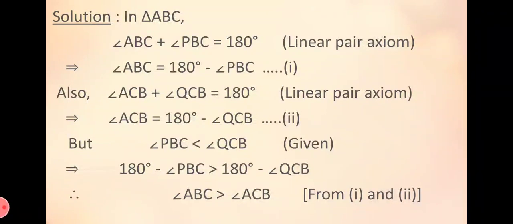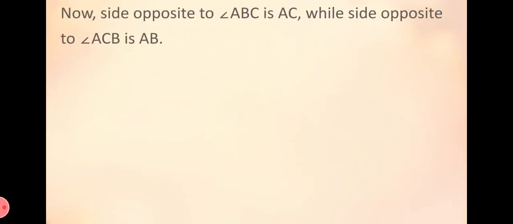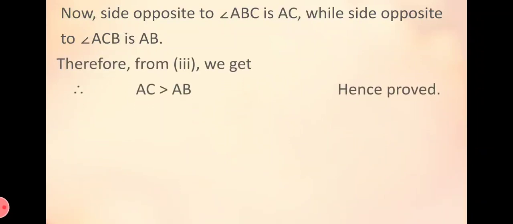Now, the side opposite to angle ABC will be greater than the side opposite to angle ACB. Now the side opposite to angle ABC is AC, while the side opposite to angle ACB is AB. Therefore, from 3 we get AC greater than AB. Hence, proved.